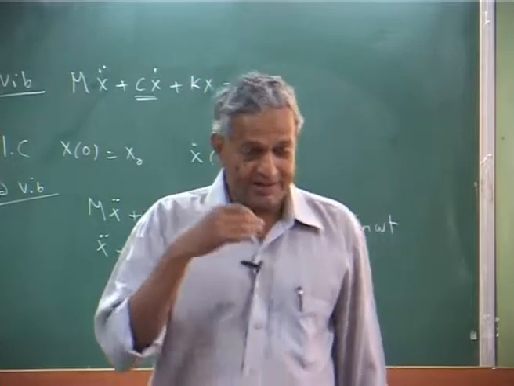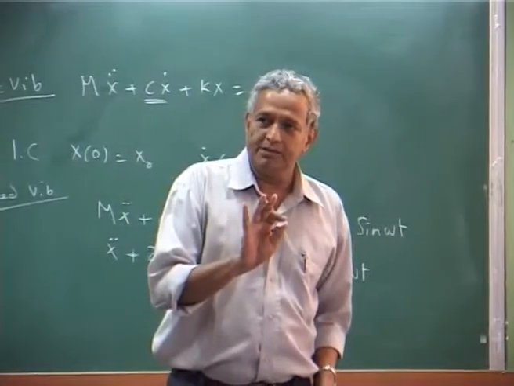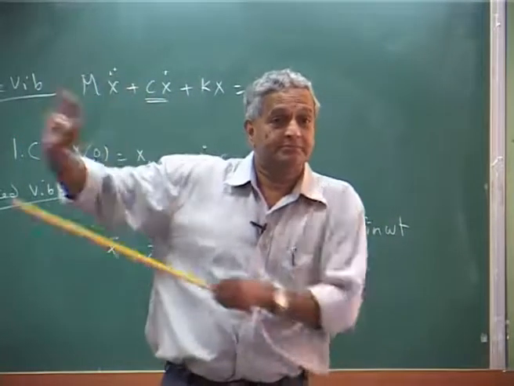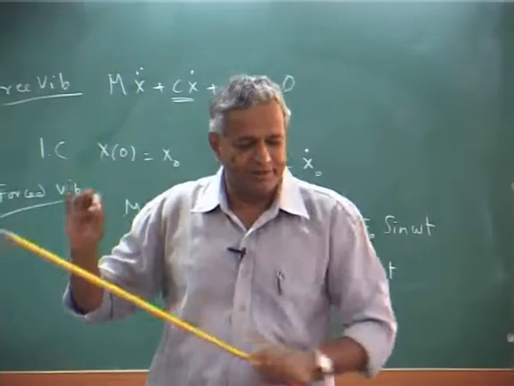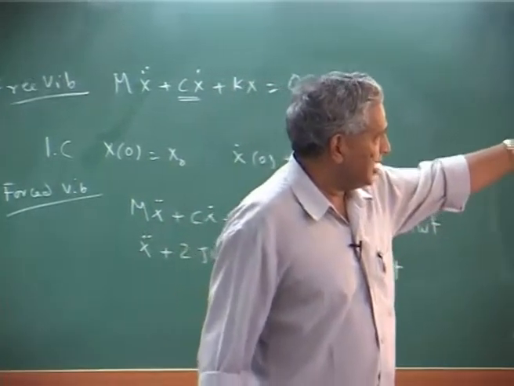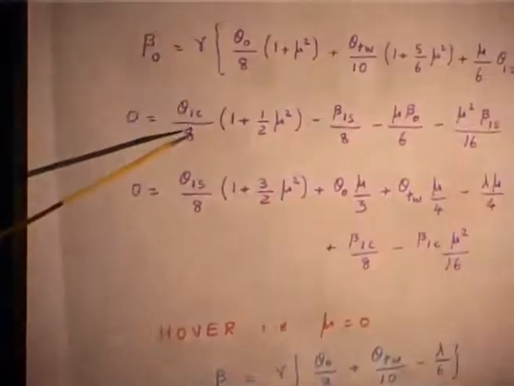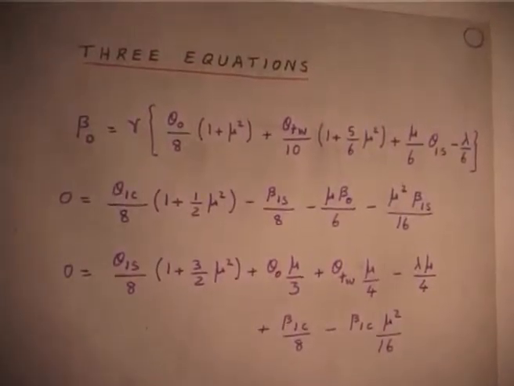You follow, because why I said is, if you treat flap equation alone as an independent equation without bothering about the helicopter, then if I want the response, I have to know all these quantities. Then you ask, who gives me my lambda?